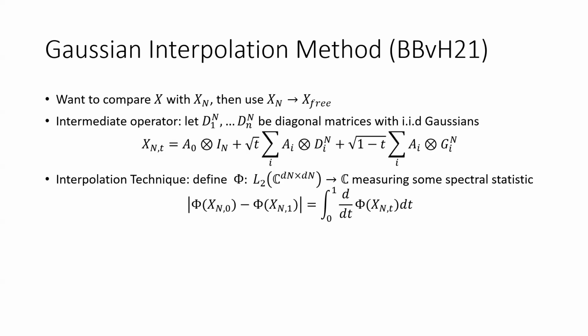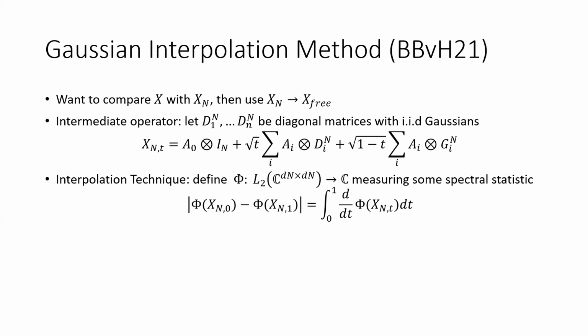So the basic idea of BBVH of how they compare the spectrum of X with Xn is that they define two lifted matrices.